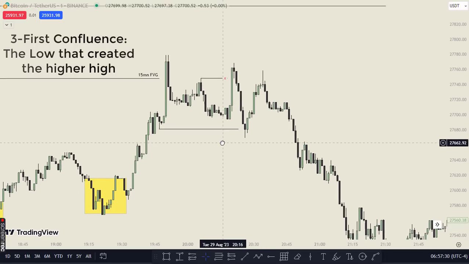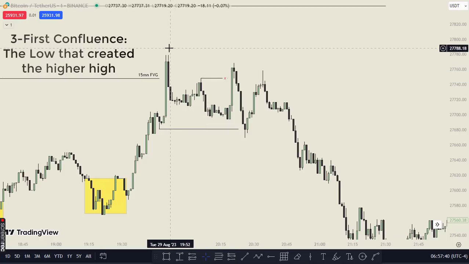I repeat, this displacement leg must violate the swing low that created the higher swing high. In this structure right here, where is the higher swing high? This one right here. Yes, this is the higher swing high.